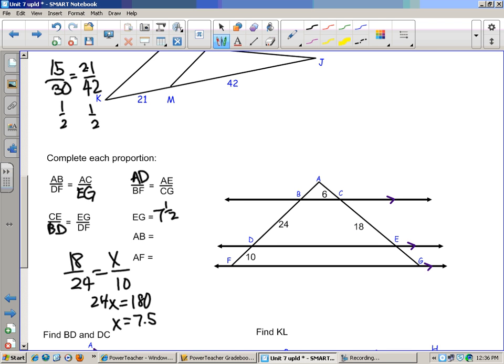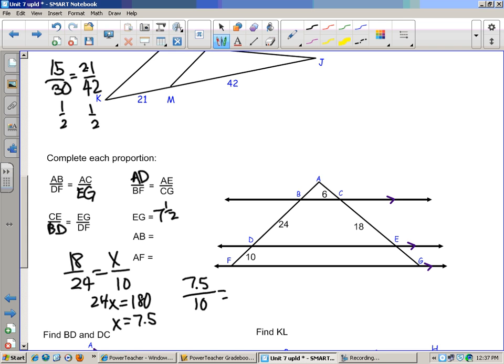All right, and how about AB? I need a ratio that I already know. So what would the ratio I already know be? First time we only had one choice, now we have two choices. We can do 10 or 18.